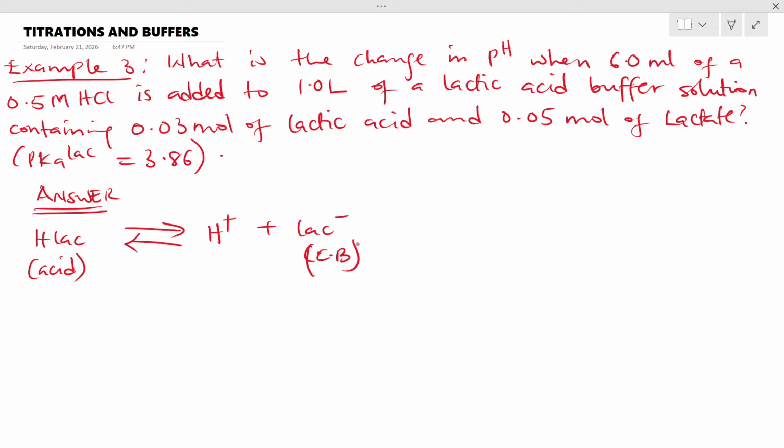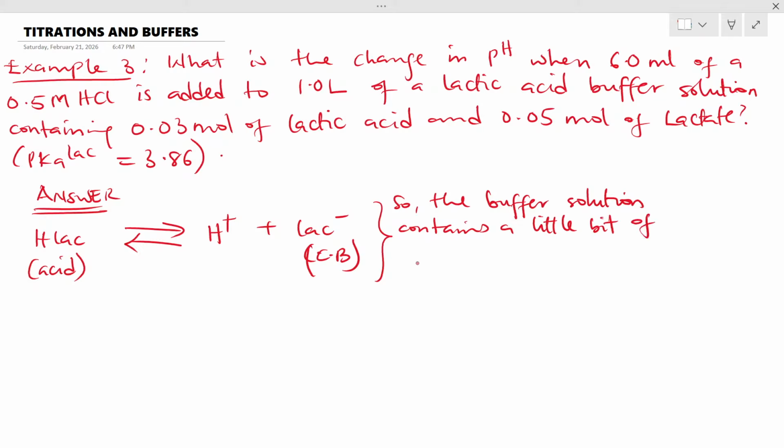So the buffer solution contains a little bit of the lactic acid, and a little bit of what?